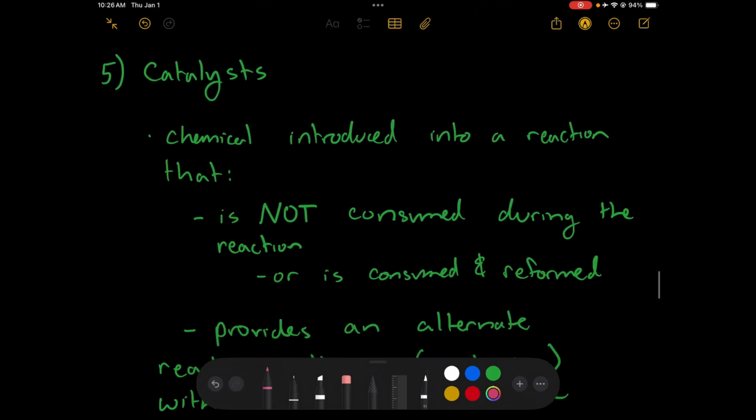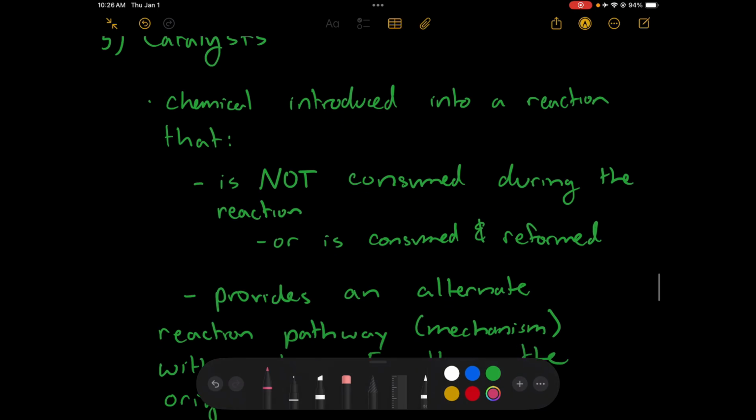All right. The last thing you can mess with to speed up or slow down a reaction is a catalyst. You can add a complete new chemical to a reaction that might speed up or, in rare cases, slow down a reaction. A catalyst is a chemical introduced into a reaction that A, is not consumed during that reaction, or you can have a catalyst that is consumed and reformed at the end.